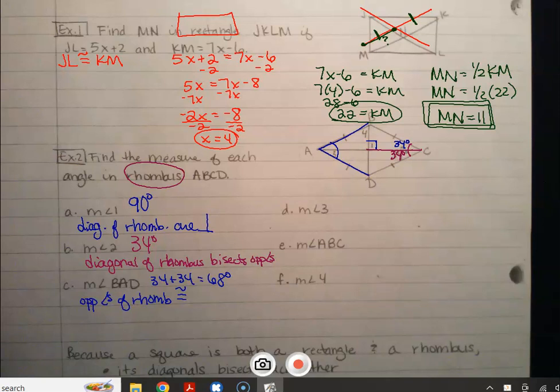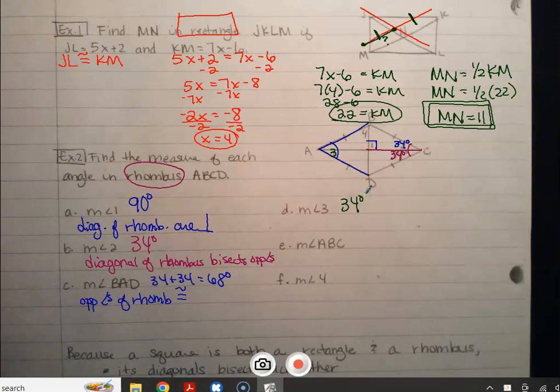Okay, how about angle 3? Let me erase, because angle 3 is right in here. All right, good. It's 34 degrees. Good, right? Because it's being bisected.